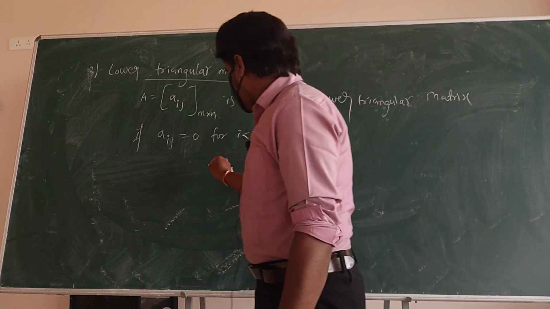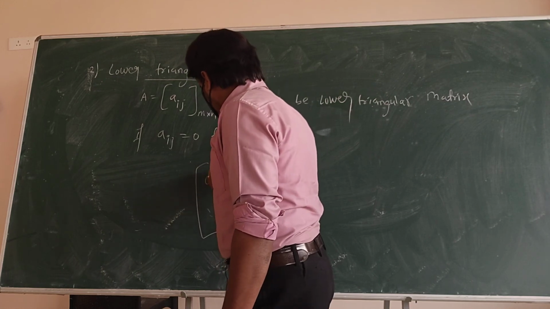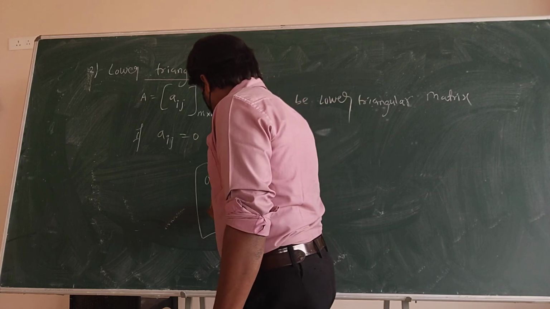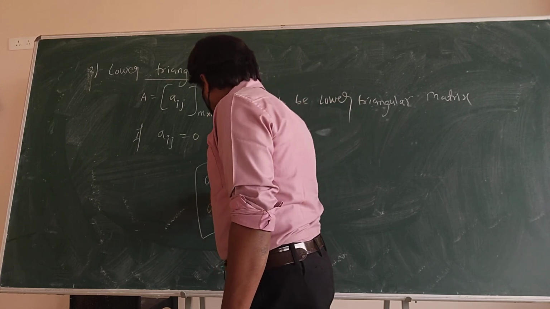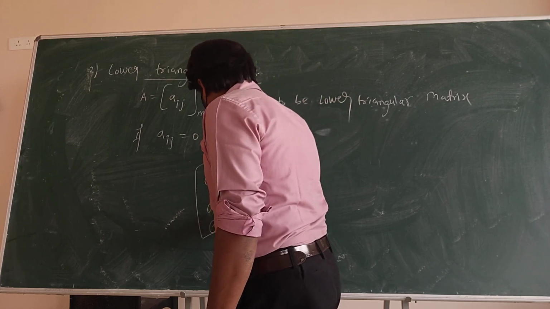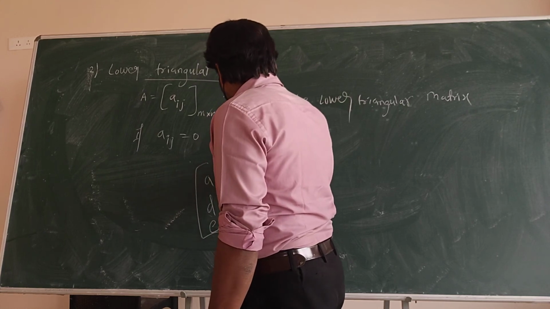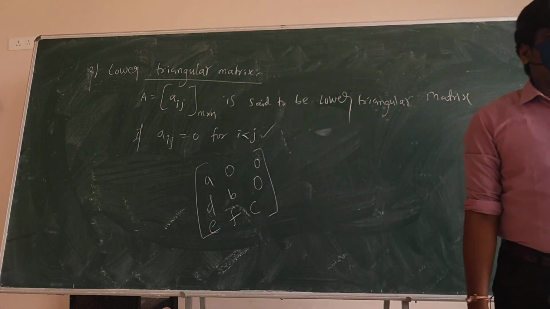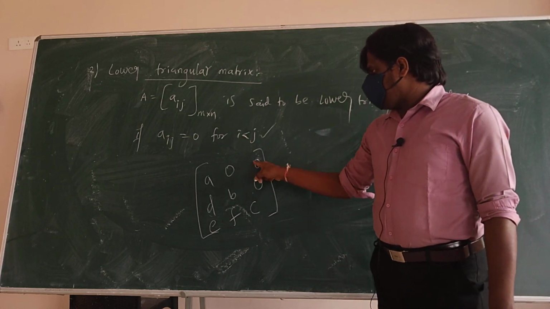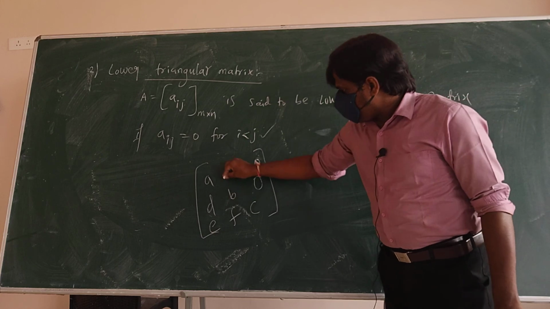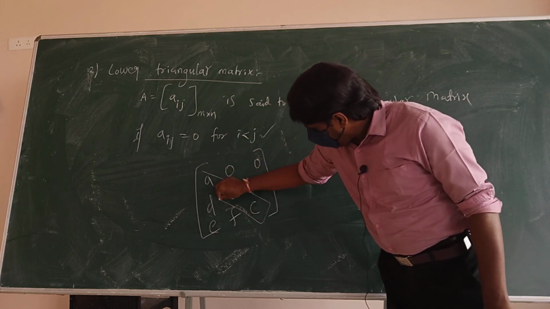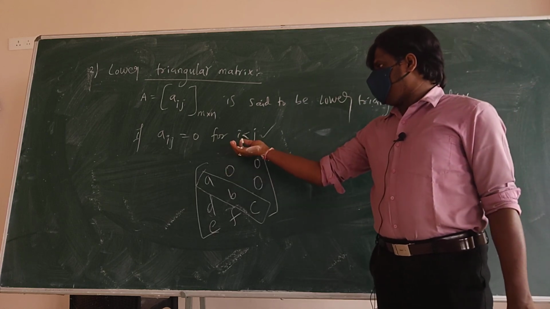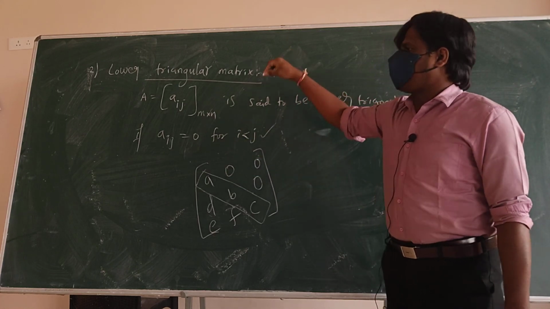In this case, if I take here A, B, C, D, E, F, 0, 0, 0 and write like that, then i is less than j for this principal diagonal. So a matrix in which the elements above the principal diagonal are all zeros is called a lower triangular matrix.